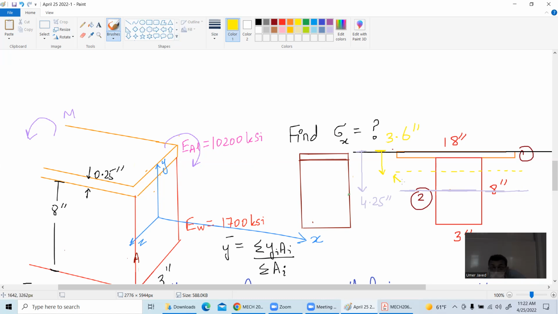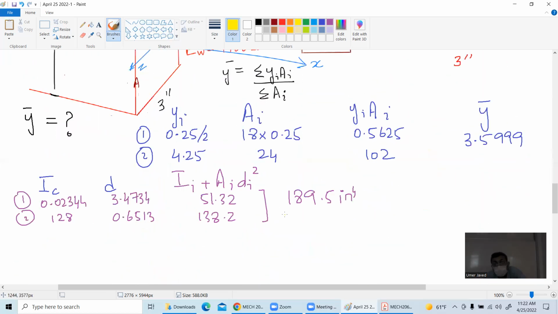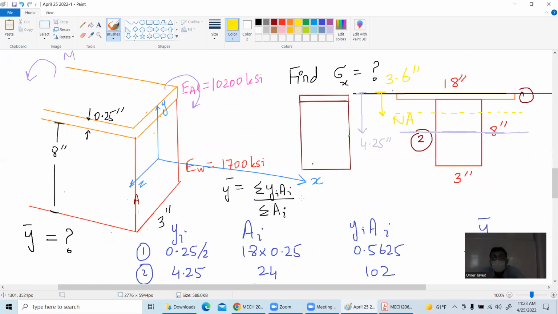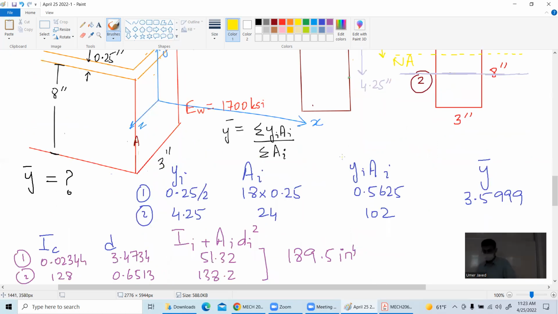So let me write it down. Yes, it was a mistake. So 3.6 minus 0.125.